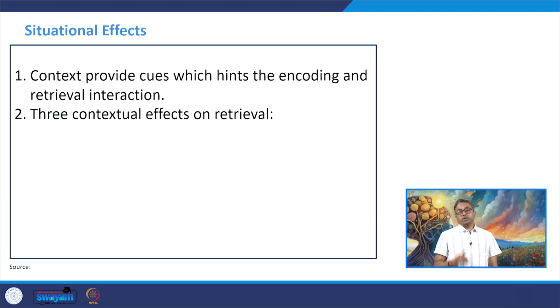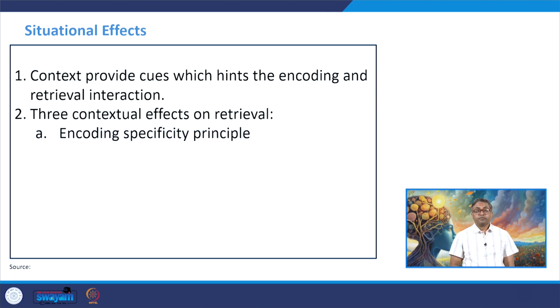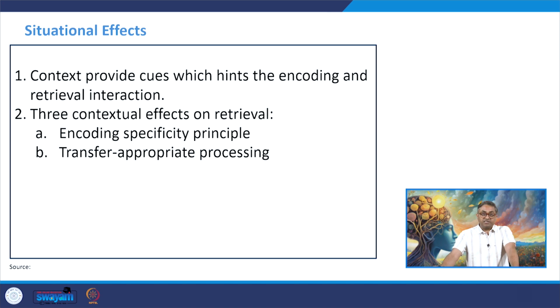So three contextual effects are there in relation to retrieval. First, the encoding specificity principle: how we are encoding the information and how specific information is being encoded. Second, transfer appropriate processing: how the transference of information is happening and how appropriate this transfer is.